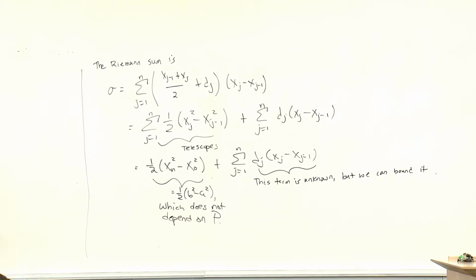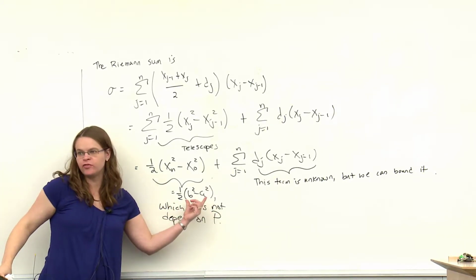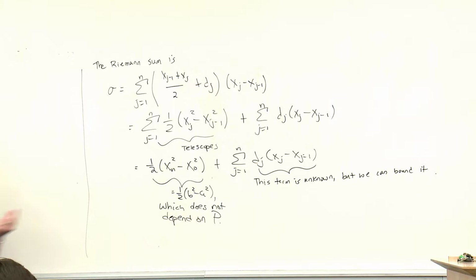Okay, so again, I'm proposing this as a good candidate for L. We haven't proved yet that this is the value of the integral, but it looks like a reasonable choice. So I propose L to equal 1/2 b squared minus a squared.